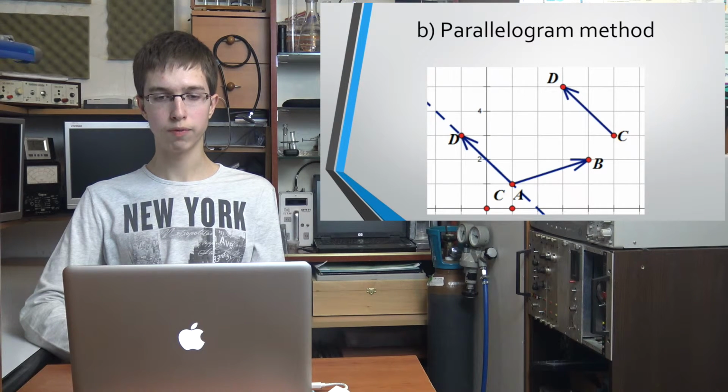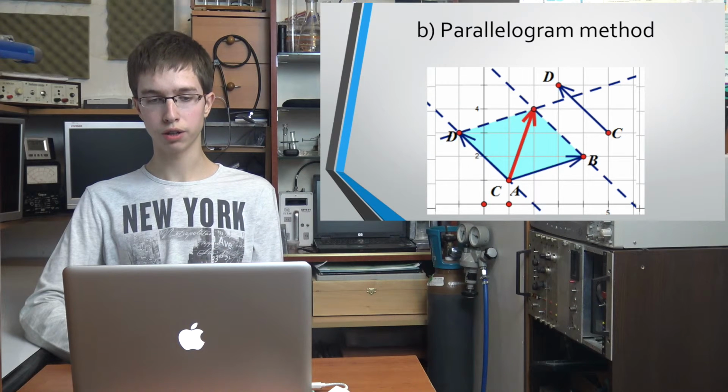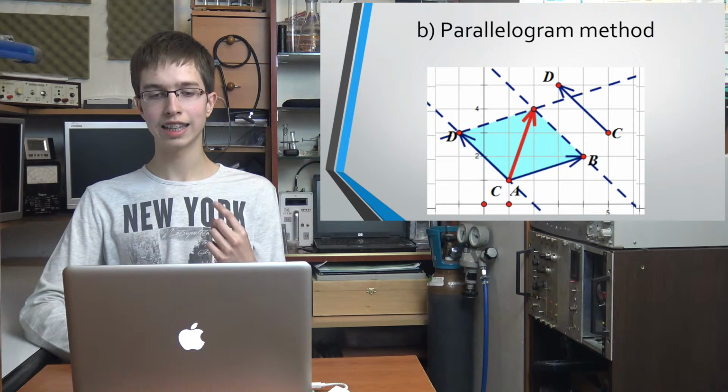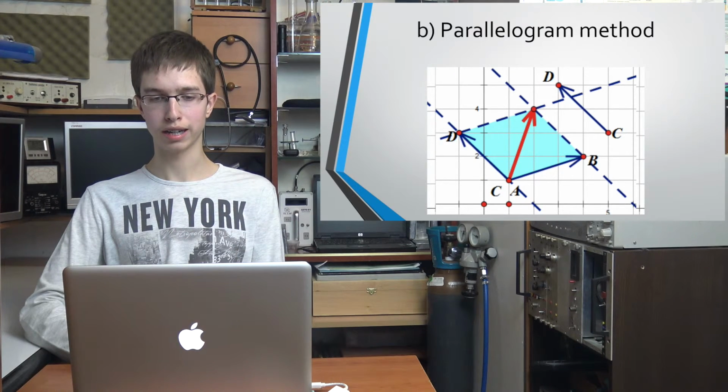Now the parallelogram method, again AB and CD vectors, which are now put as neighboring sides of a parallelogram, and now we construct a parallelogram, and the resultant vector is this red vector, which has its tail in the tail of the starting vectors and its head in the opposite vertex of the parallelogram.